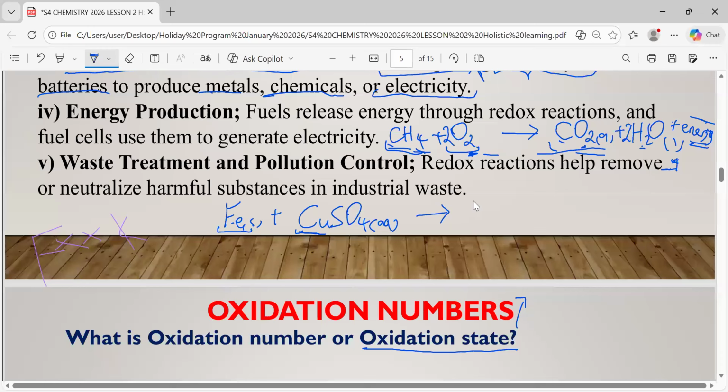So our product becomes iron 2 sulfate, which is aqueous, plus, copper has been displaced from this compound, so it forms copper solid. So here we say this is a displacement reaction because the least reactive metal, copper, has been displaced from its compound by a more reactive metal, which is iron.